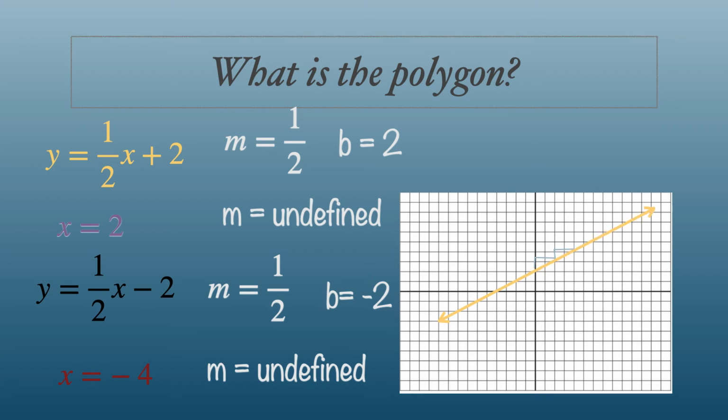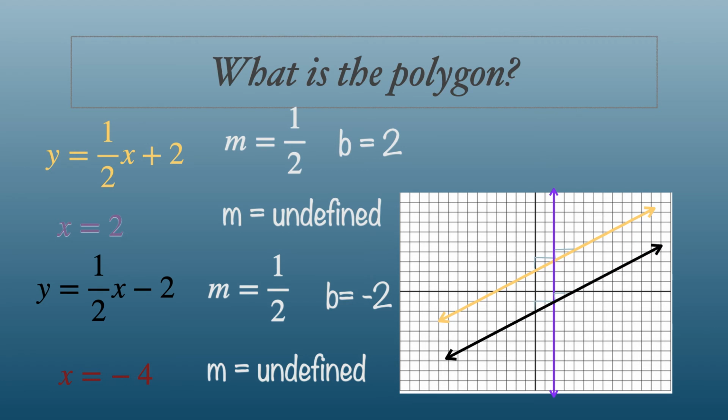Now the second line I put here was undefined slope. I know that because x equals a vertical line always. So all I'm going to do is go over 2 and draw a vertical line. This one I'm beginning at negative 2, so down here, and I'm still rising 1 and running 2 to the right.